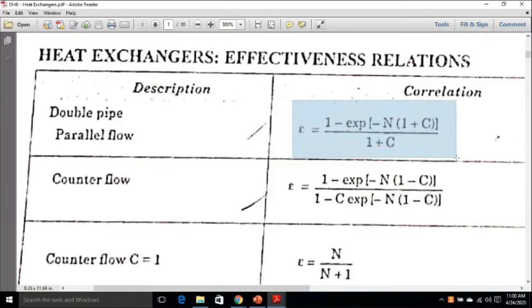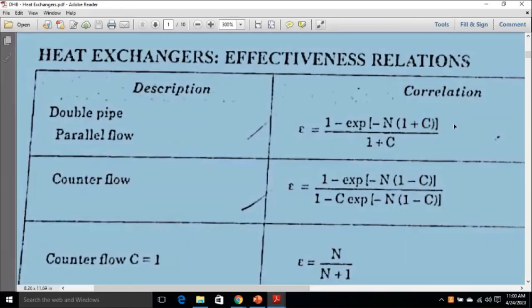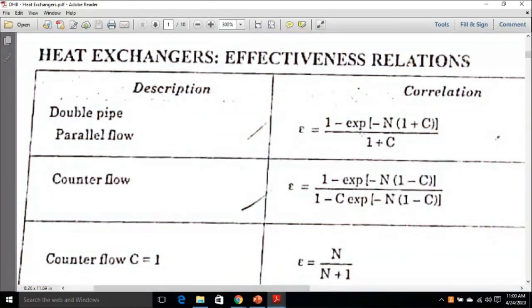They are writing it as 1 minus exponential minus n, where n is nothing but NTU, multiplied by 1 plus C, where C is nothing but the capacity ratio which we had taken as capital R, whole divided by 1 plus C. So we were also getting the same relation. The same relation has been given in the data handbook as well. So no need to remember the relation. This relation you can get from the data handbook if you are not preparing for competitive exams.